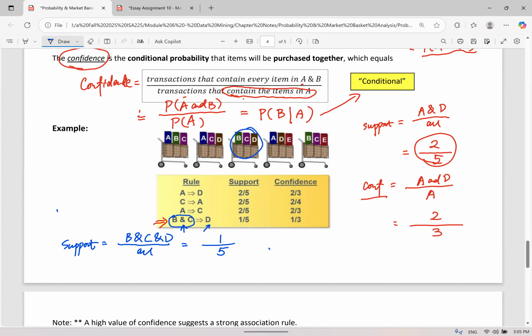All right, continue. What about the confidence? The confidence means when the customer already bought the first item set, B and C, what is the probability this customer will also go and buy D?